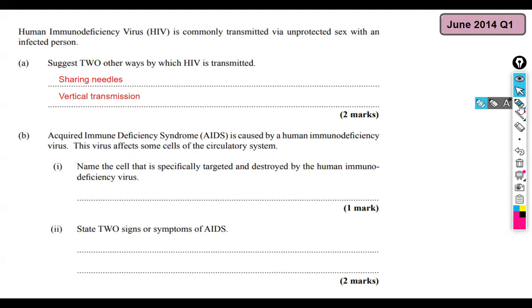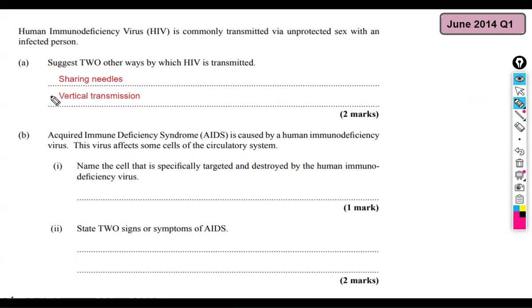By the way, if there's something called vertical transmission, there should be something called horizontal transmission, right? Remember, vertical is like this, up, down. Let's draw the mom here, right? Where it's passed vertically downwards from the mother to the child, right?